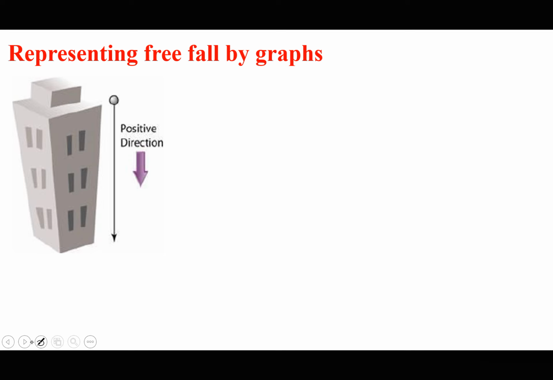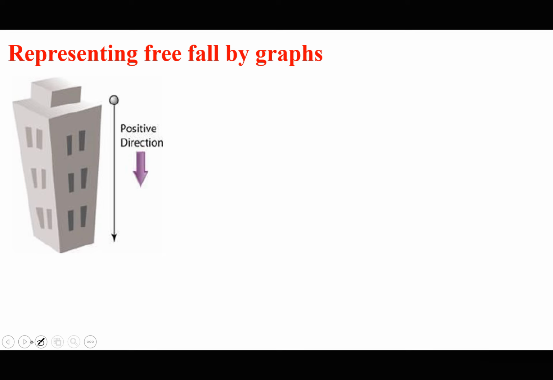And here it is very steep, which means the gradient has increased to a maximum value. Remember, the gradient or the slope is the velocity in this case. So that would be the position-time graph for a body which is just falling freely.